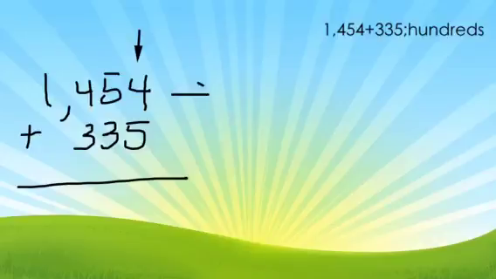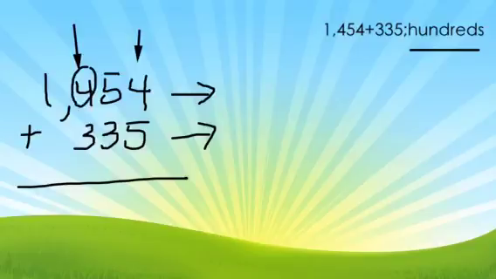So the first thing I'm going to need to do is round or estimate, and I'm rounding to the hundreds place. So that is right here. I'm going to take this 4, I'm going to circle it, it's my balloon, and the 5 is going to hold it. If I let go of 5 fingers, then my 4 would go up and change to 5.